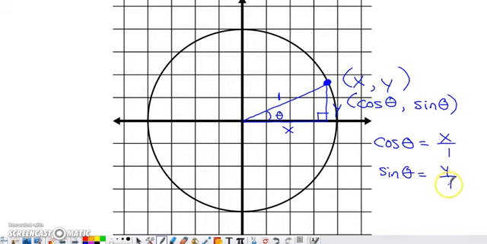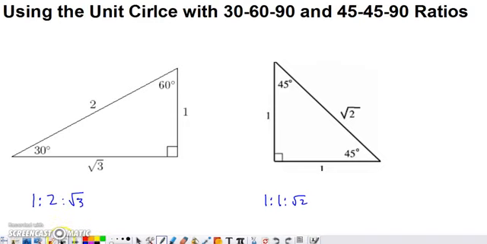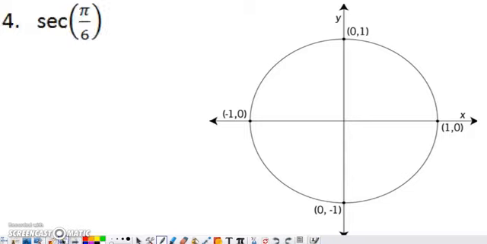Y over 1 is just y. So the y-coordinate of any point on the unit circle is always going to correspond to sine of the angle that you're sitting at. If we use this screen's worth of information in conjunction with what we said back here about the 45, 45, 90 and 30, 60, 90 triangles, we're going to be able to do all these computations that we ran through at the beginning of this video.